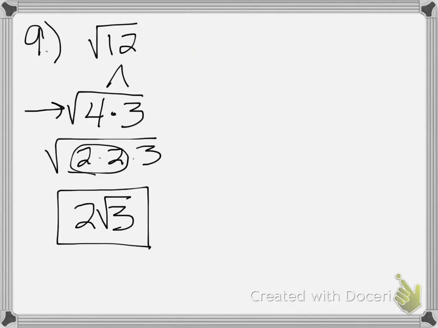So you would probably either break it down 4 and 3, or if you would have broke it down 6 and 2, 6 is not a perfect square, neither is 2, so you'd have to keep breaking that down. So you either want to break it down to where it's all primes and you can just ring them up, or break it down to where you have a perfect square factor under the radical. So either way will work.